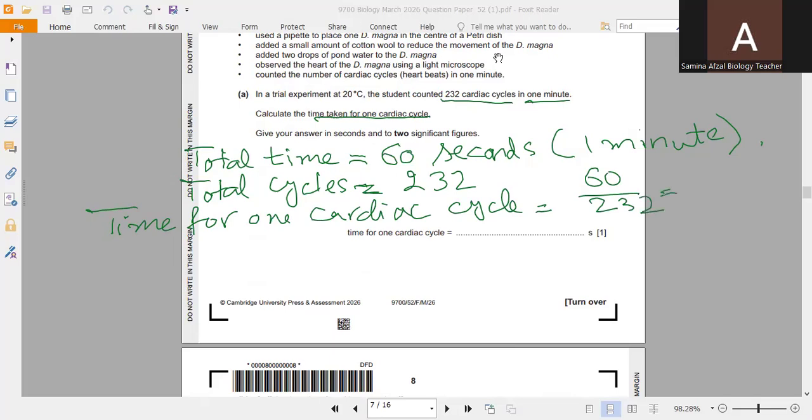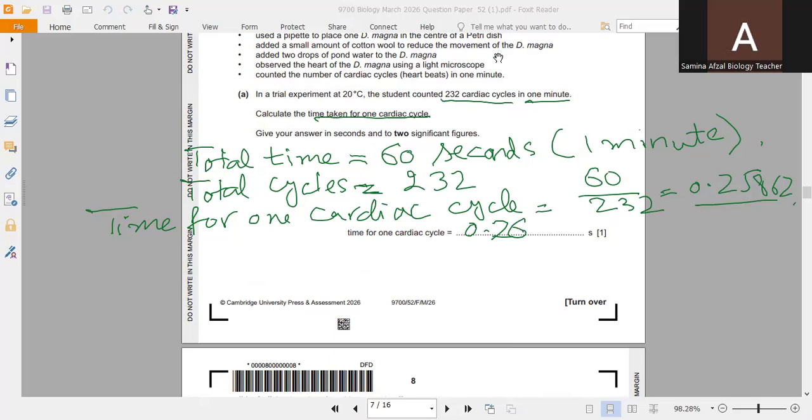So it will be around 0.25862. So we will write the answer up to two significant figures. So it will be 0.26 seconds. 0.26 seconds.